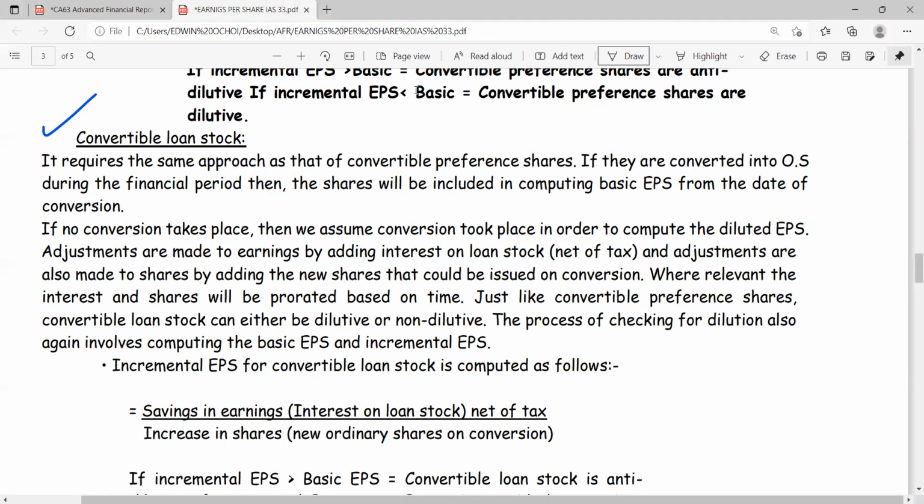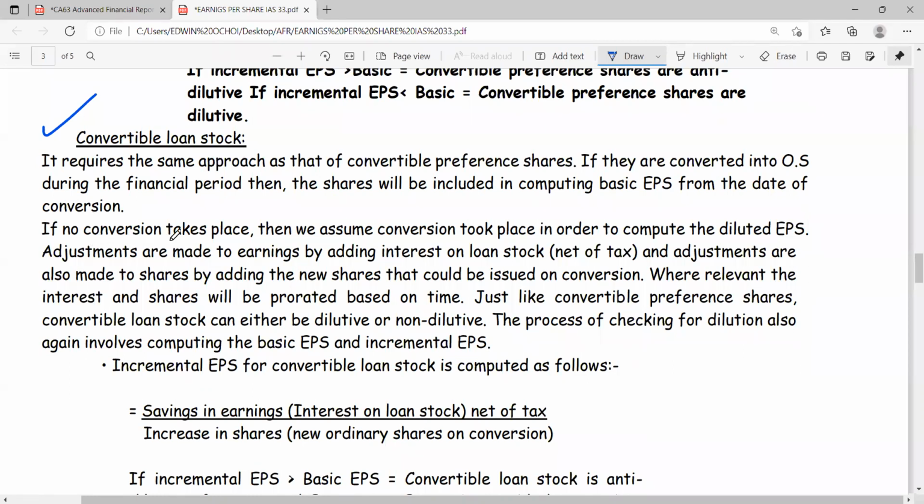A debenture is like a loan stock, you know that, as an advanced financial reporting student. So it requires the same approach as the convertible preference shares. If they are converted into ordinary shares during the year, then the shares will be included in computing the basic EPS from the date of conversion.